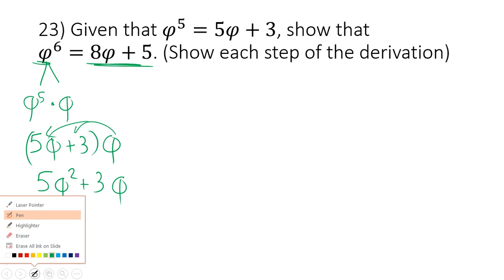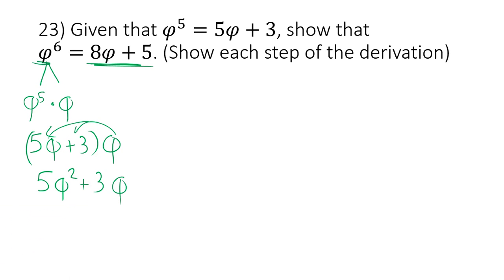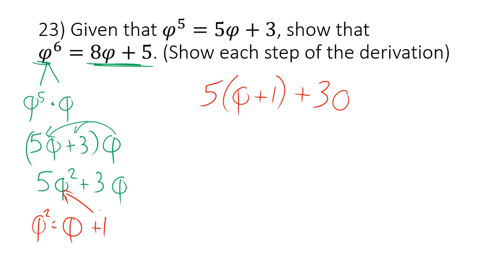Now, in your notes, which you should have taken, you saw that phi squared ended up being phi plus 1. Right. So since we know that, we're going to substitute it in there. So we're going to get 5 times phi plus 1 plus 3 phi. Distribute the 5.